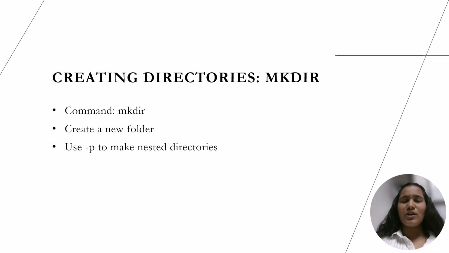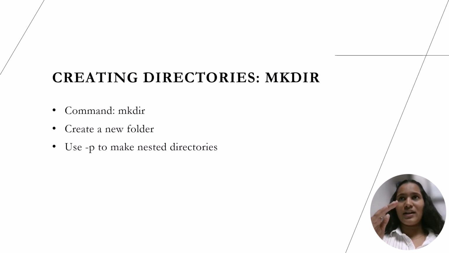Next, if you want to make a directory, for example, a folder where you want to keep some important part of the code, you can create a new folder using the mkdir command. mkdir and then space and the folder name. If you want to create nested folders in one go, you can use the -p option: mkdir -p projects/2025/Linux.